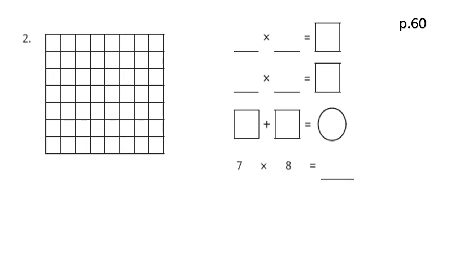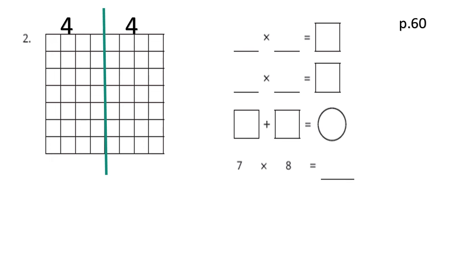I make this large array two arrays, okay? Because I have here 7 times 8. That means 7 rows and 8 columns. So I break number 8 into 4 and 4.